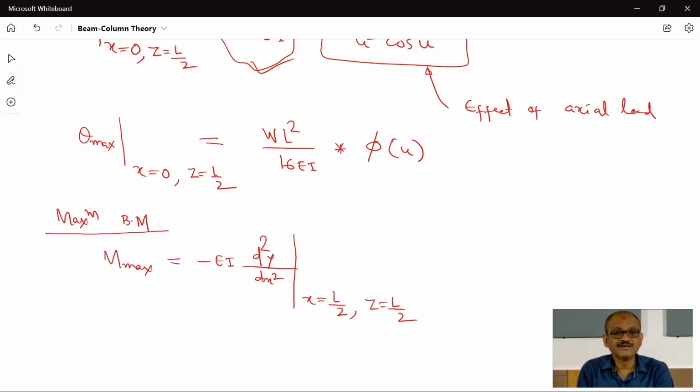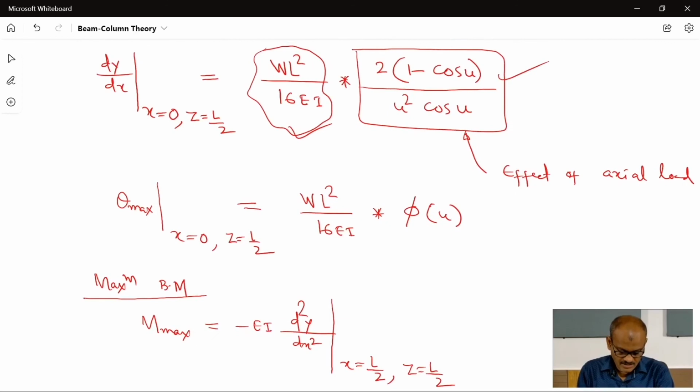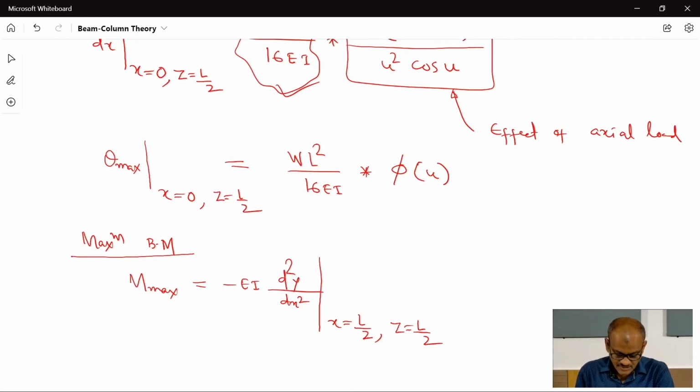If you differentiate the elastic curve twice and substitute x equal to L by 2, z equal to L by 2, then you will get the expression WL by 4 multiplied by tan U divided by U.